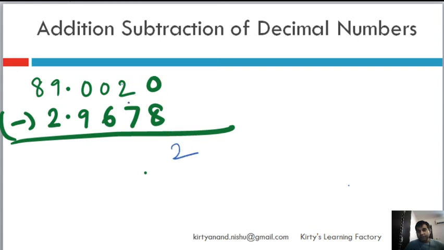Now it is 1. Okay, and I have to do 1 minus 7. Can I do 1 minus 7? No, I can't. So I take 1 carry from here, but it is 0. 0 cannot give any carry. So I will jump over to the next neighbor and say, neighbor, can you give me 1 carry?